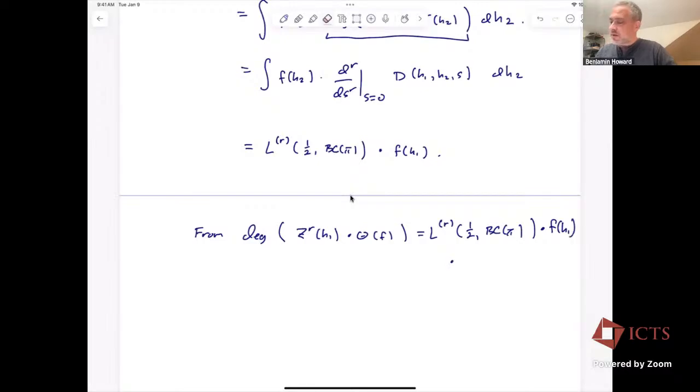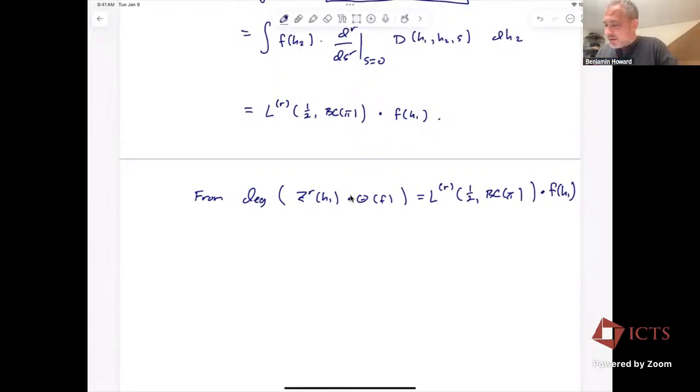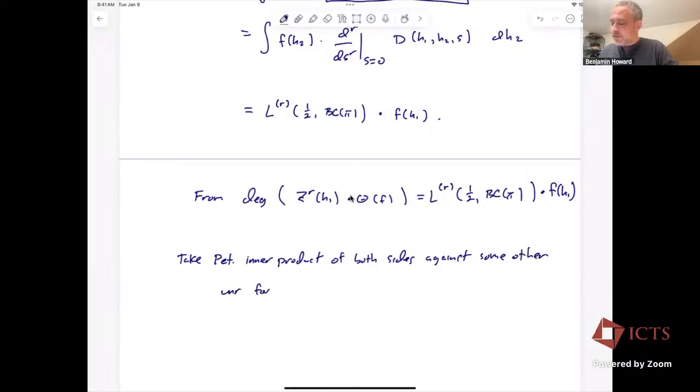from this equality of automorphic forms, you could either take the Petersson inner product of both sides against some other unramified form in the same automorphic representation.